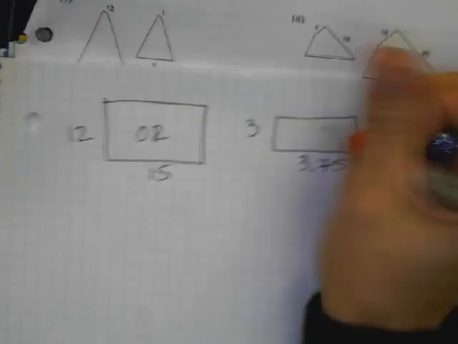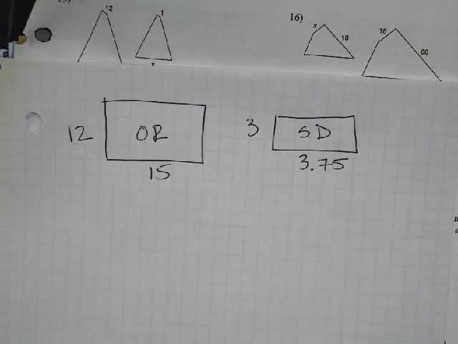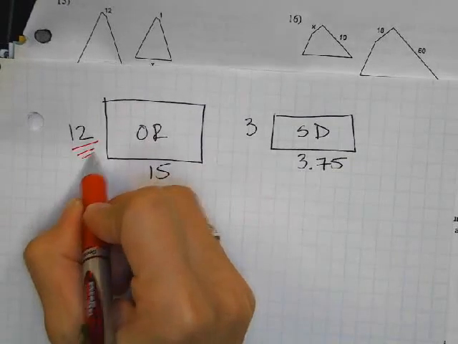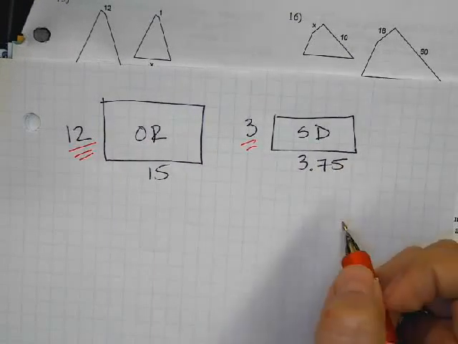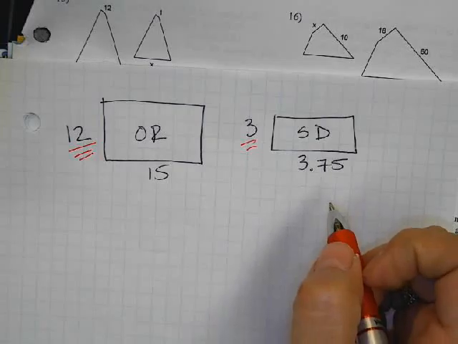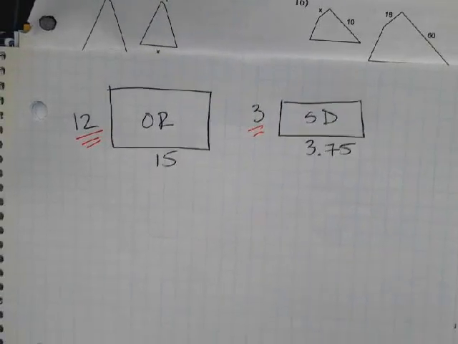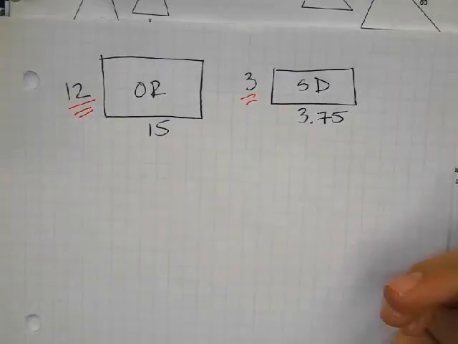And this one's scale drawing. Can you tell me what you multiply 12 by to get to 3? Do you know? No. So you use your formula. And I need a decimal.